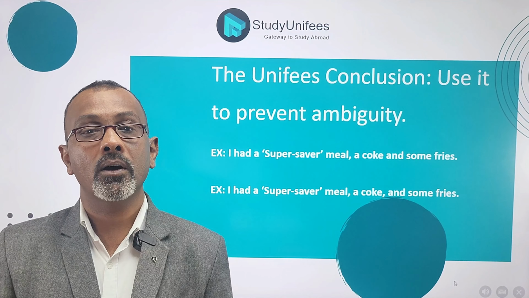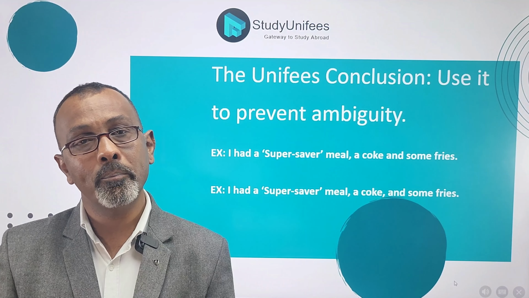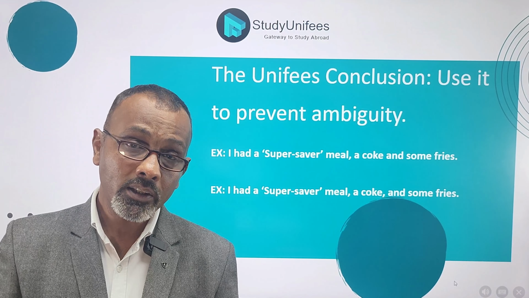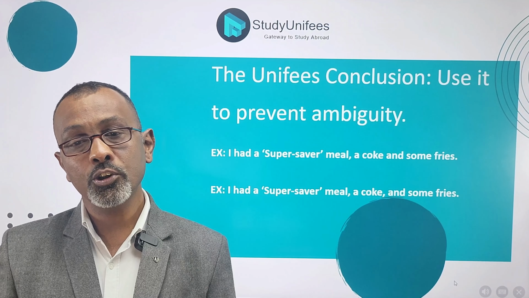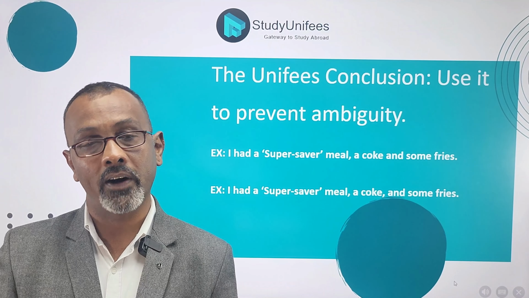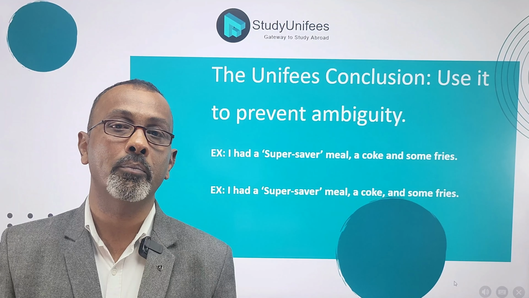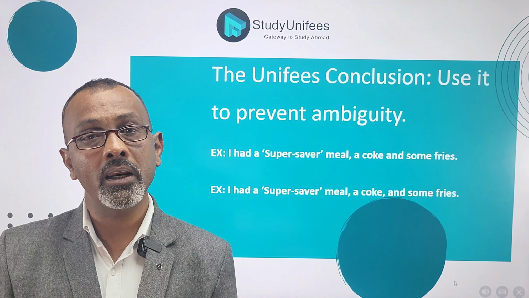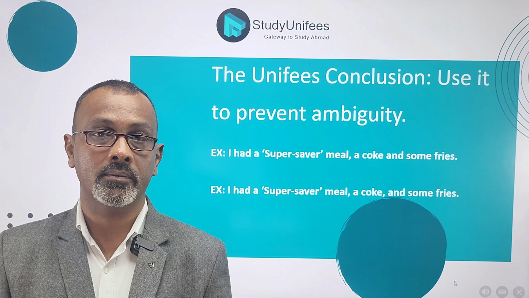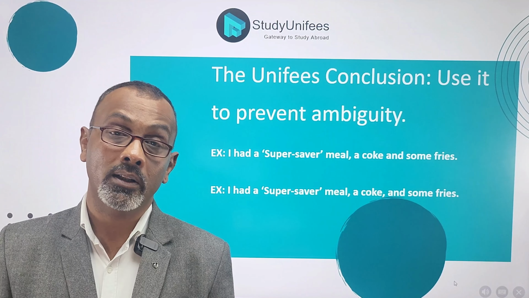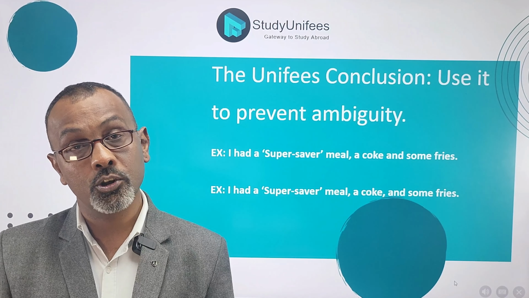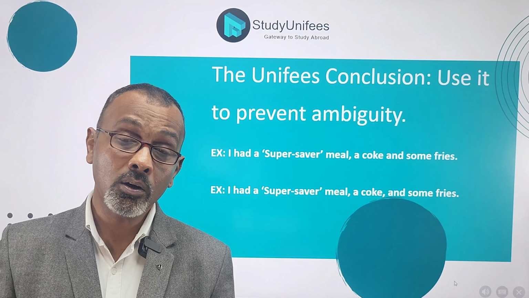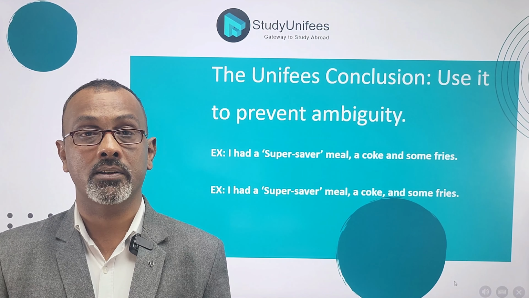Another example of the Oxford comma being used imperatively. Look at the first example. I had a super saver meal, a Coke and some fries. The meaning of the first example is that the super saver meal is a Coke and some fries. However, look at the second example. I had a super saver meal, comma, a Coke, comma, and some fries.